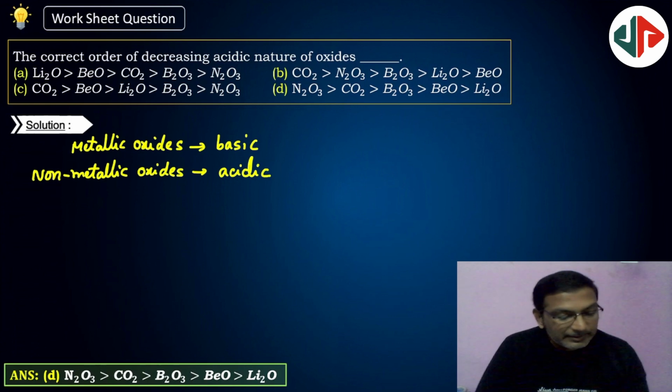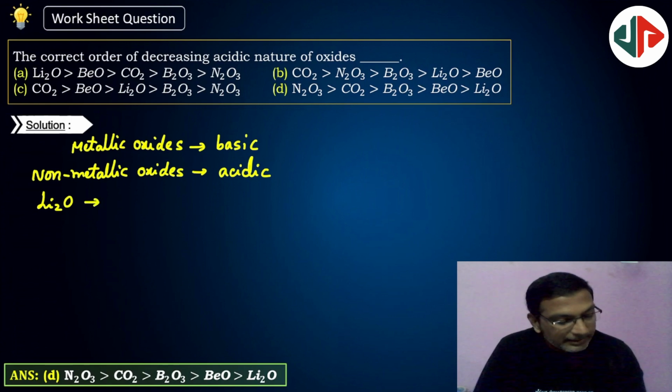Here 5 oxides are given: Li2O, BeO, B2O3, CO2 and N2O3. See, Li2O is a metallic oxide which is basic.